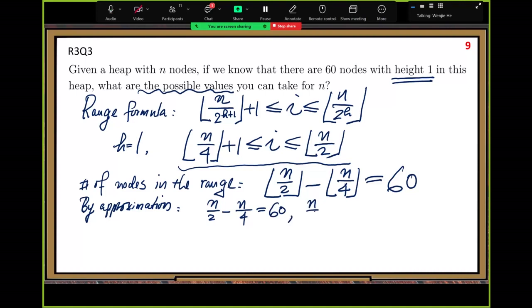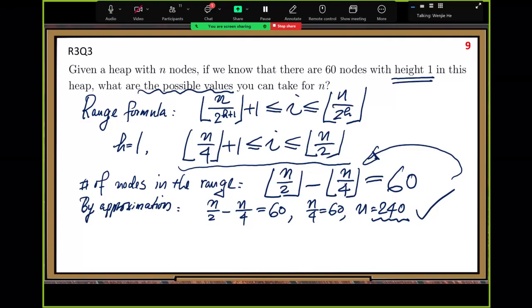That means n over 4 equals 60, so n equals 240. So we get one solution. You can plug it in and check it. It satisfies this equation. All right, so that's the first solution.